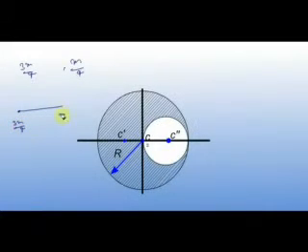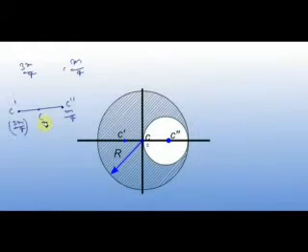One is of mass 3m by 4 and the other one is of mass m by 4. This is the center of mass of mass 3m by 4, that is C dash. This is the center of mass of mass m by 4, that is C double dash, and in between there is a center of mass of these two particles.